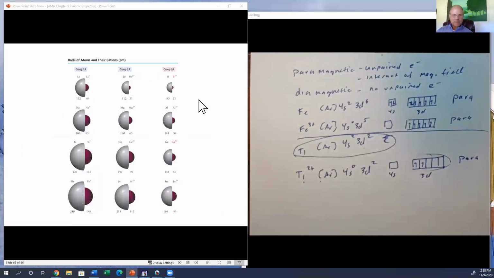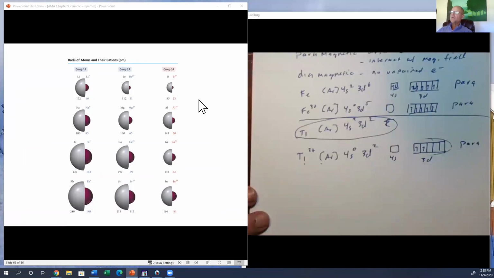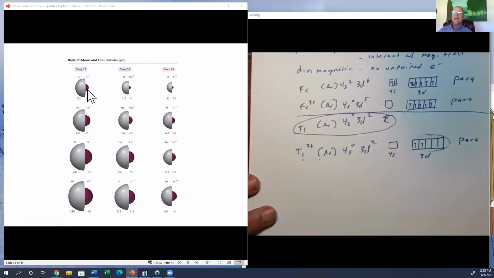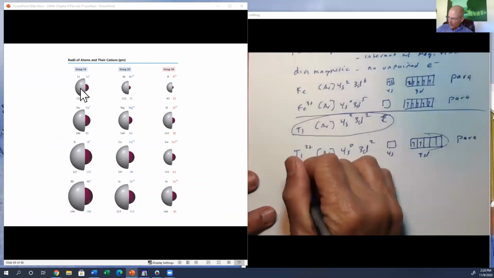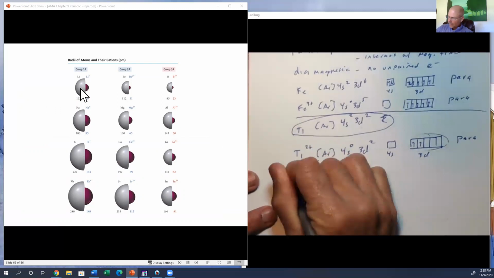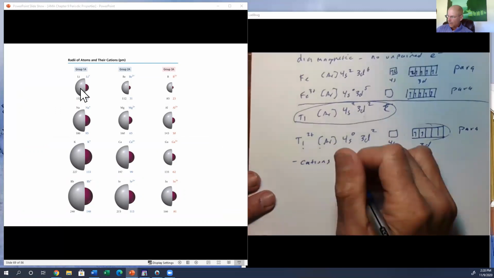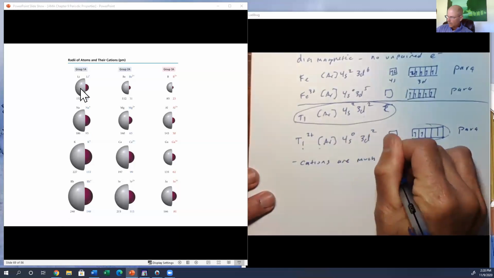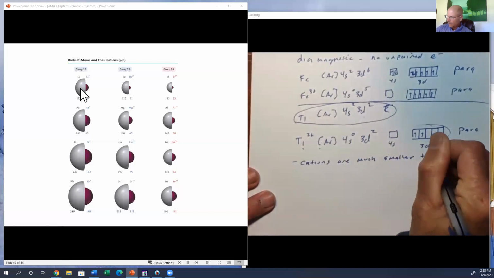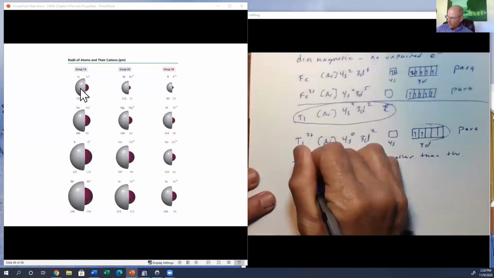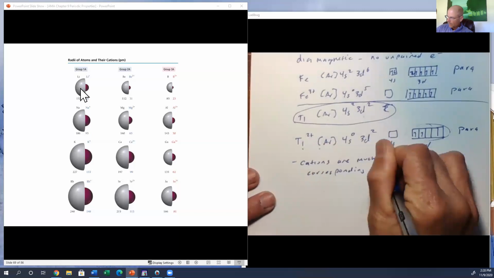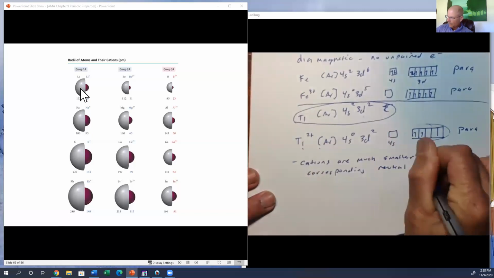What about the size of ions? Well, you can see here, these are the sizes of atoms and their ions. And what you see is that when you form a positive ion, the positive ion is much smaller than its neutral atom. So cations are much smaller than the corresponding neutral atom.